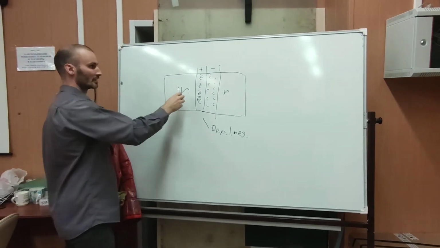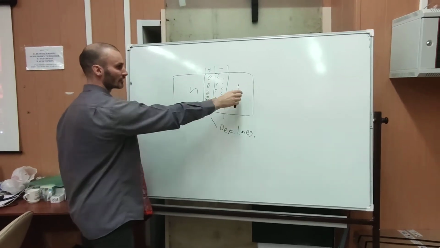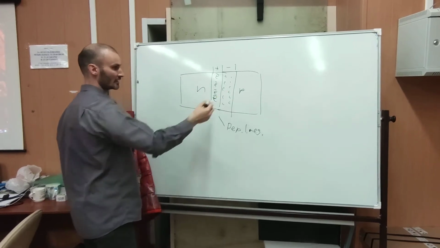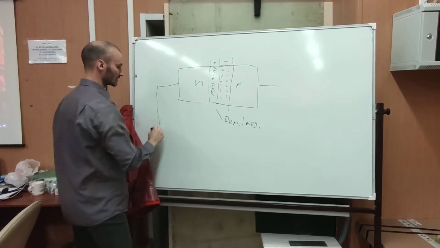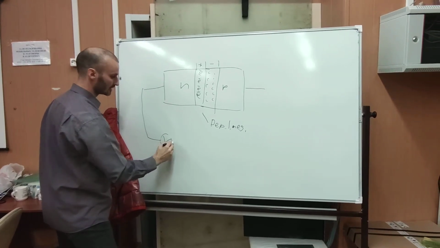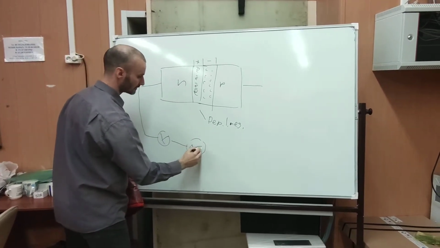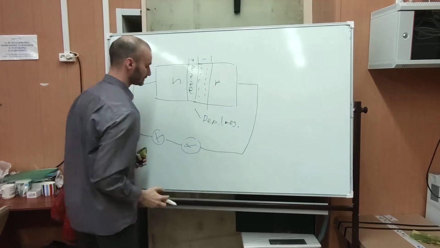So we have a field of charge along the path in which we want to conduct electricity. We have, for example, a lamp here, and a power source.